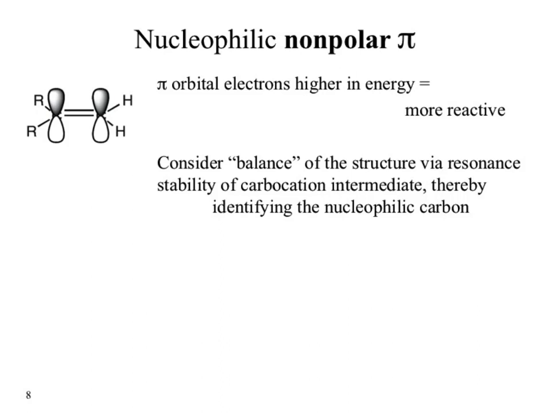So, pi bonds are our highest energy. That was our most reactive. Consider the balance and the structure. How do we consider the balance? Resonance. You should be drawing out resonance structures and evaluating them. This is where resonance again comes back and bites you. If you've been doing that resonance practice, you should be able to look at an alkene and tell that one's positive, that one's negative.